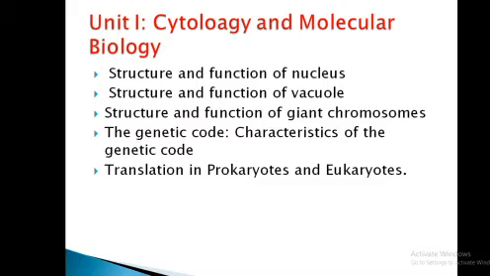The structure and function of gene chromosomes, the genetic codons, characteristics of genetic codons. There are several characteristics of genetic codons. Next, translation in prokaryotic and eukaryotic systems. The processes and mechanisms are different in prokaryotic and eukaryotic.